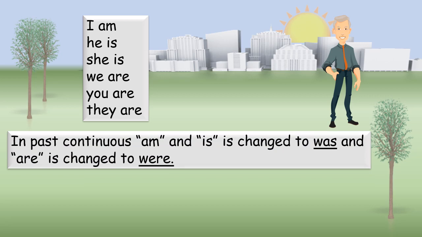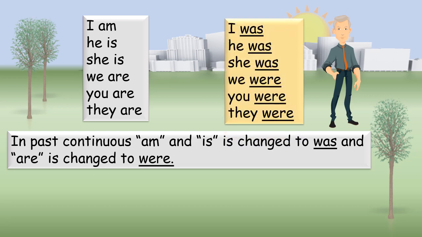In past continuous, am and is changed to was, and are is changed to were. I am becomes I was. He is, he was. She is, she was. We are, we were. You are, you were. They are, they were.